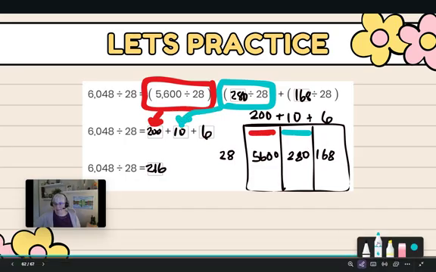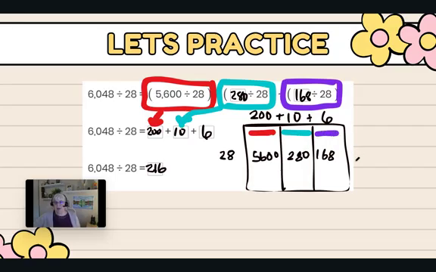And then the third box, change colors one more time. The third set of parentheses represents this box, 168 divided by 28, which is 6. Those numbers appear up at the top: 200 plus 10 plus 6. This is the way you're going to see it in your OLS. And yes, it is rather confusing, but when you work the problem the same way, I want you to see where those numbers then get put into the OLS to show that you understand the process.